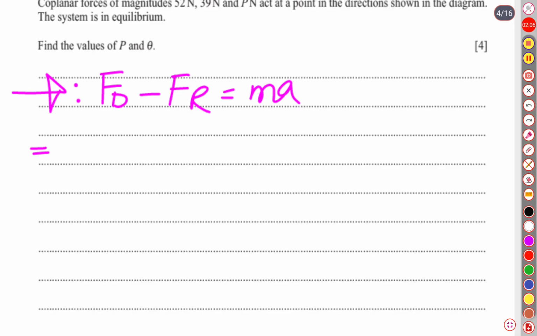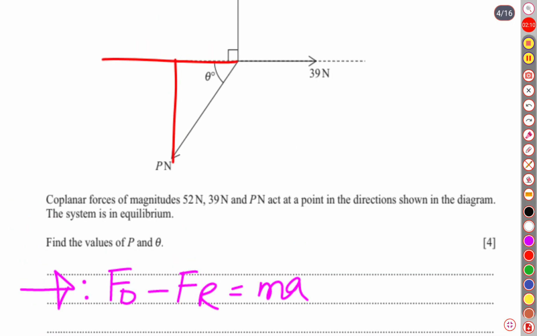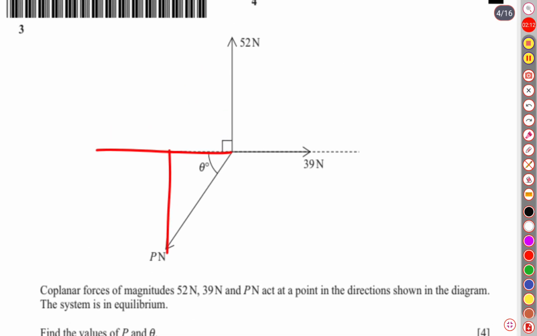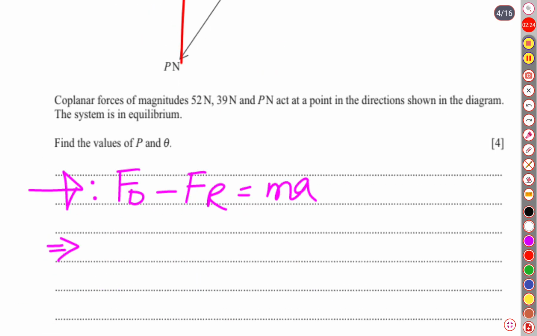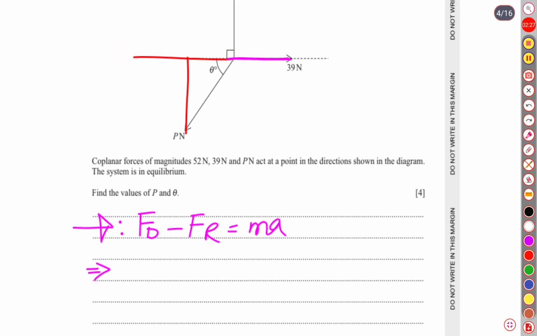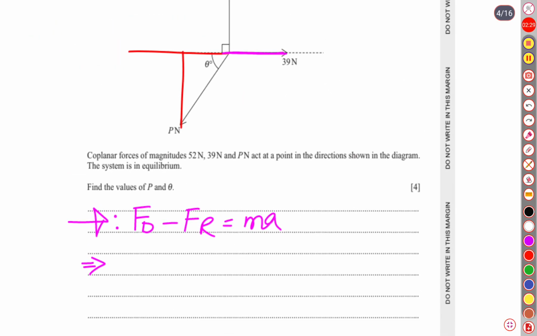Let's see what is the driving force or onward force. If we resolve the forces horizontally, only this is the force which is acting onward horizontally. So it is 39 Newton. So let us write 39 minus resistance force.